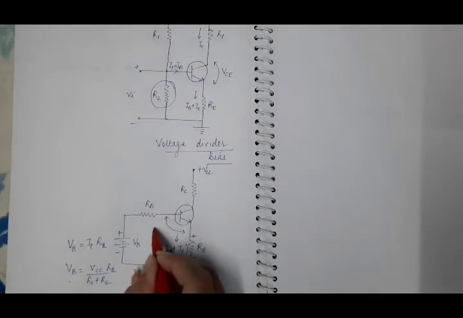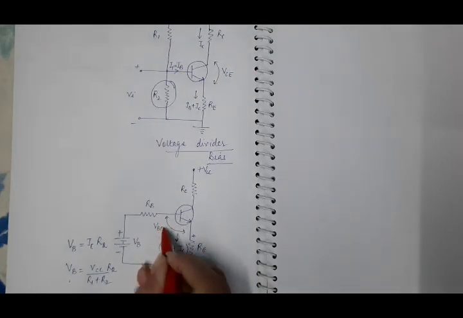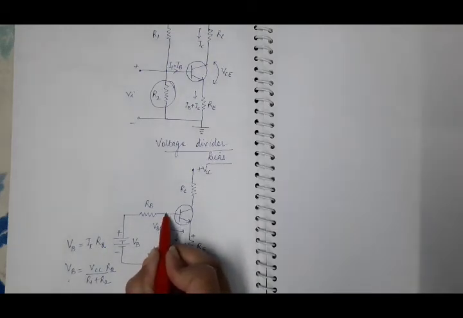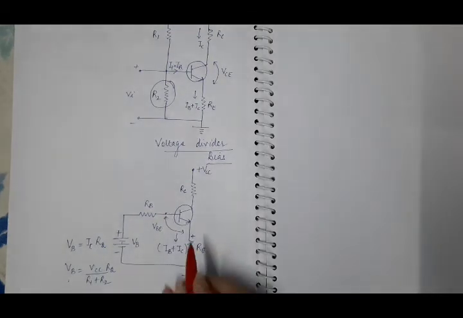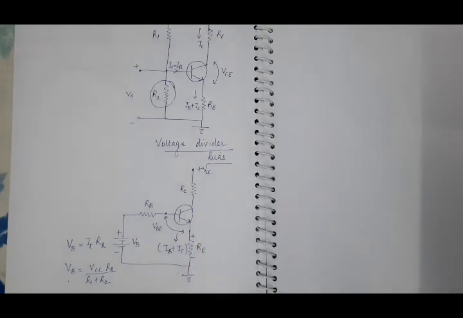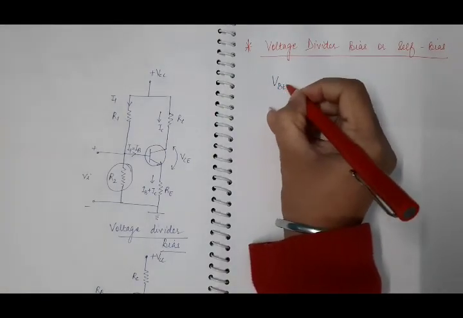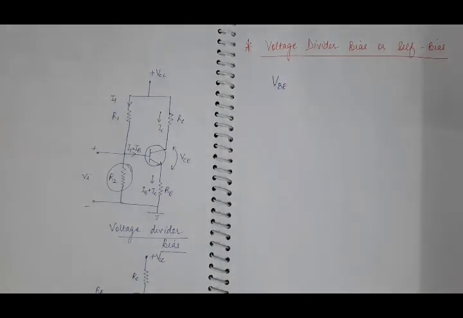Voltage across the base-emitter junction is VBE, and this VBE will be equal to the voltage across the base terminal minus the voltage across the emitter terminal. You have to write this theory, which I have already discussed with you.